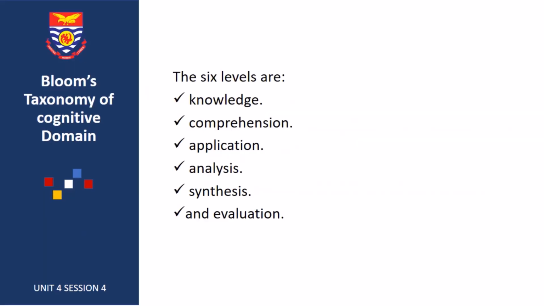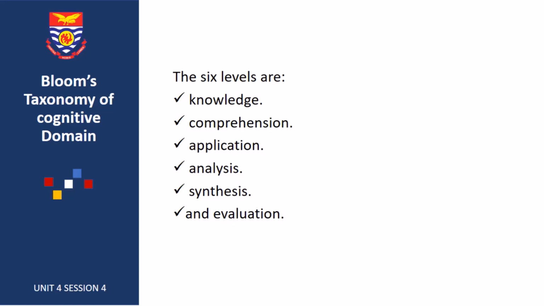Okay, so this is Bloom's taxonomy of cognitive development. Now, learning outcomes can be classified into 3 broad domains. We have the cognitive domain, the affective domain, and then the psychomotor domain. The cognitive domain involves the behavior that is related to knowledge or mental processes.